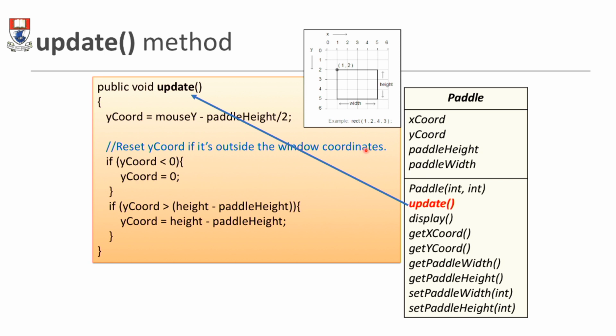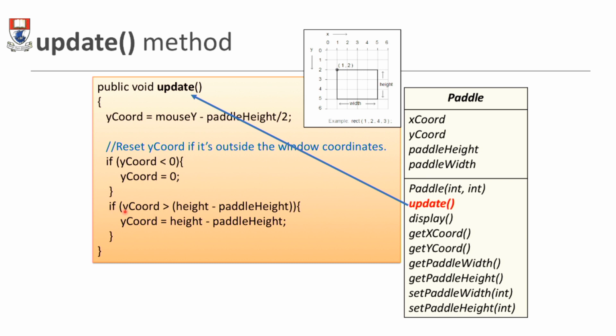So then on to our update. So update is going to be called within the draw method. It gets called 60 times a second, you might recall. So we have the Y coordinate equals mouse Y minus the paddle height divided by 2. Reset the Y coordinate if it's outside the window coordinates. So if the Y coordinate is less than 0, in other words, if the mouse pointer has gone off the top of the screen, okay, if this is our screen and the mouse pointer goes off the top, then the Y coordinate of the paddle is going to be 0.